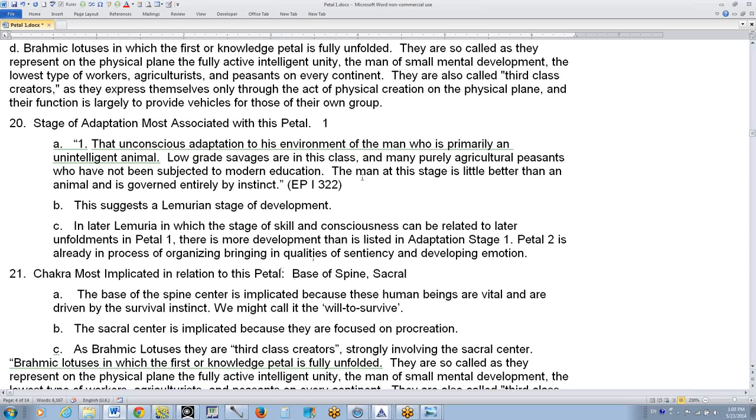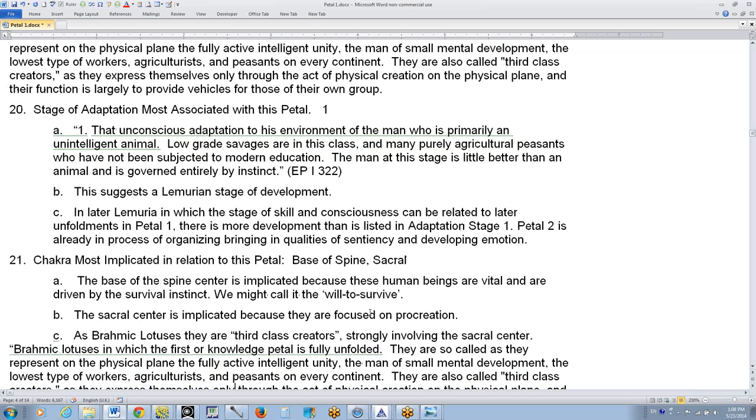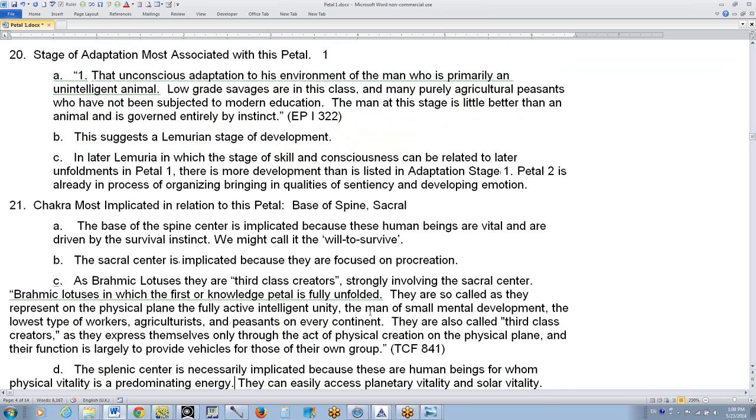As we are told up here, they eat, they sleep, they procreate, and they follow the natural rhythms of their type of life. As Brahmic lotuses are third-class creators, strongly involving the sacral center. As Brahmic lotuses, they are that.